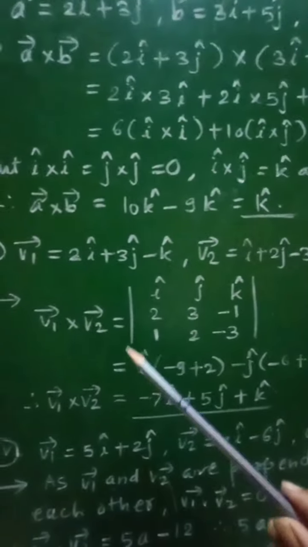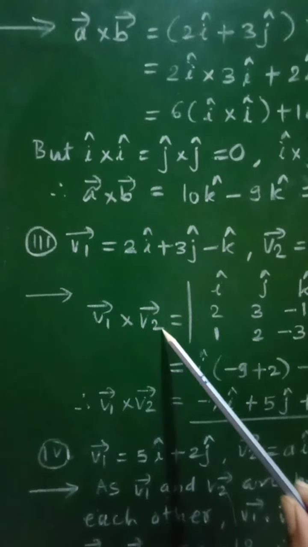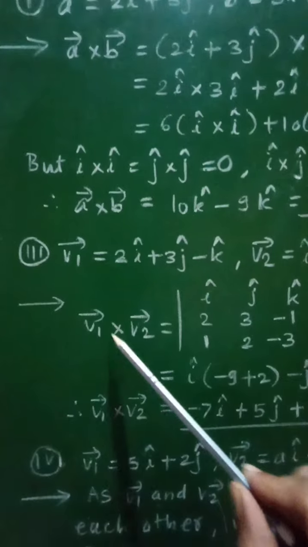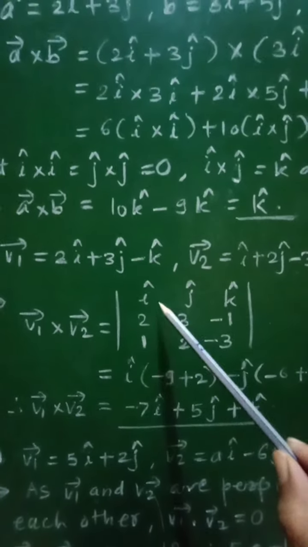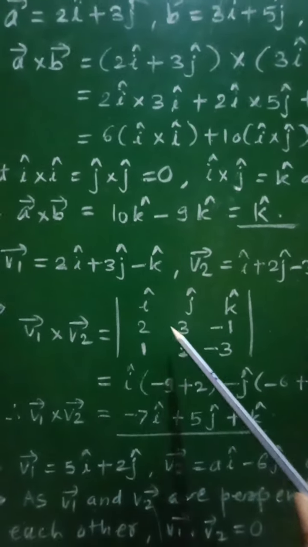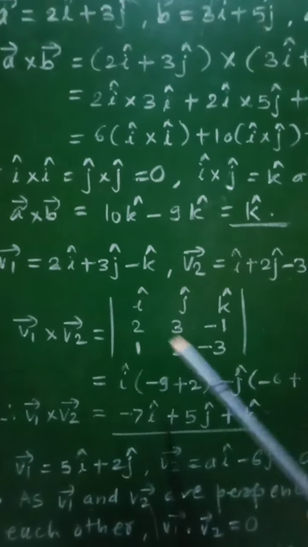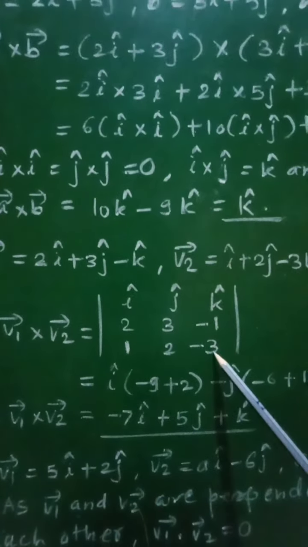Now it will be given in the form of a determinant, that is vector v1 cross vector v2 will be equal to the determinant with rows i cap, j cap, k cap; 2, 3, minus 1; 1, 2, minus 3.